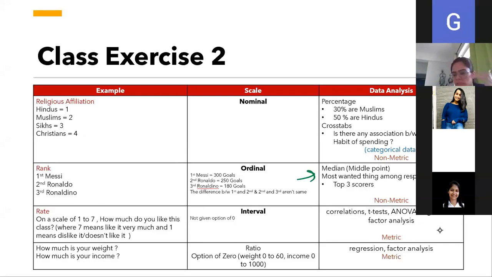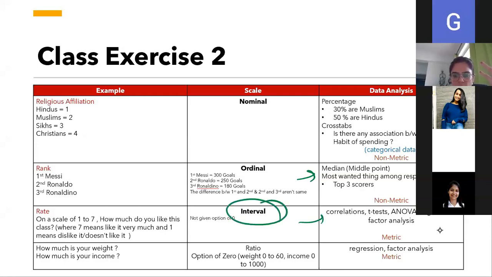So this is rank 1. You can give 3 products and ask a person to rank them 1, 2, and 3. Whichever comes on rank 1 is the most wanted thing. That is something you can do for ranking.